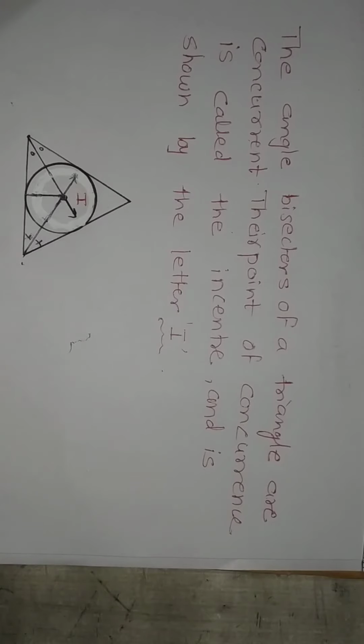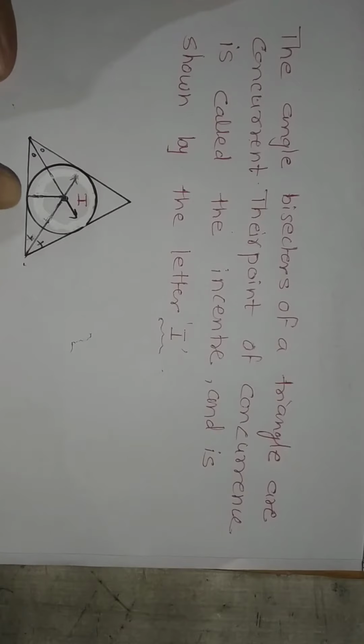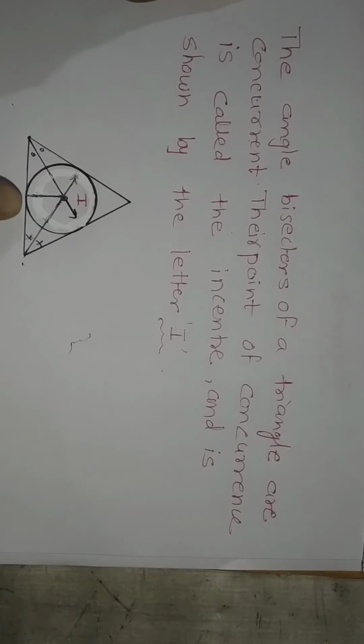You can see in this diagram, the point inside is given and we have labeled that point as point I. It means the angle bisectors of a triangle are concurrent. Their point of concurrence is called the incenter. Incenter means inside the circle and is shown by the letter I.